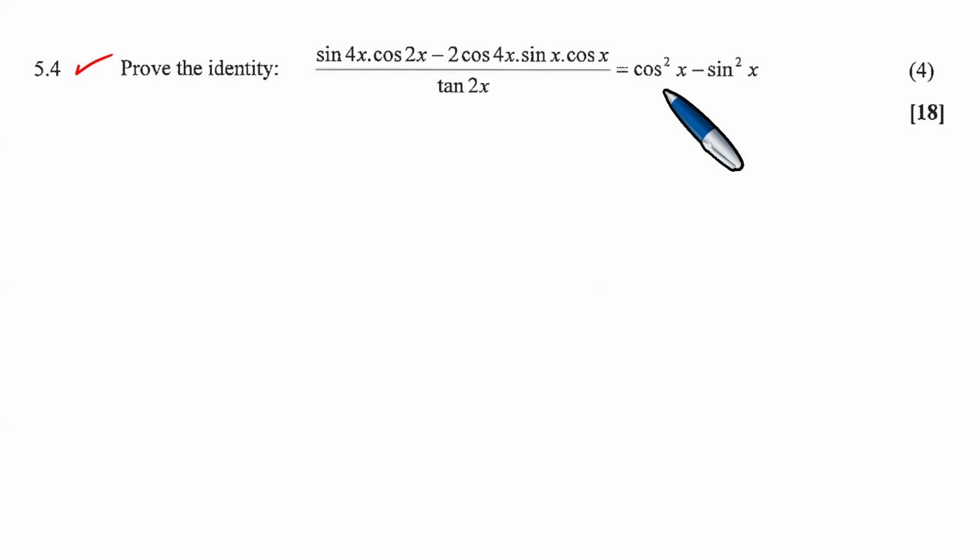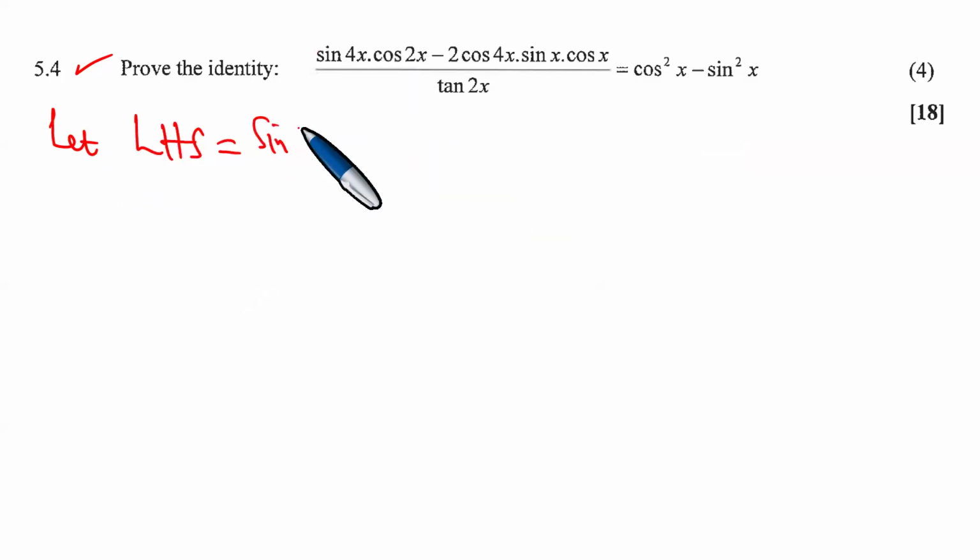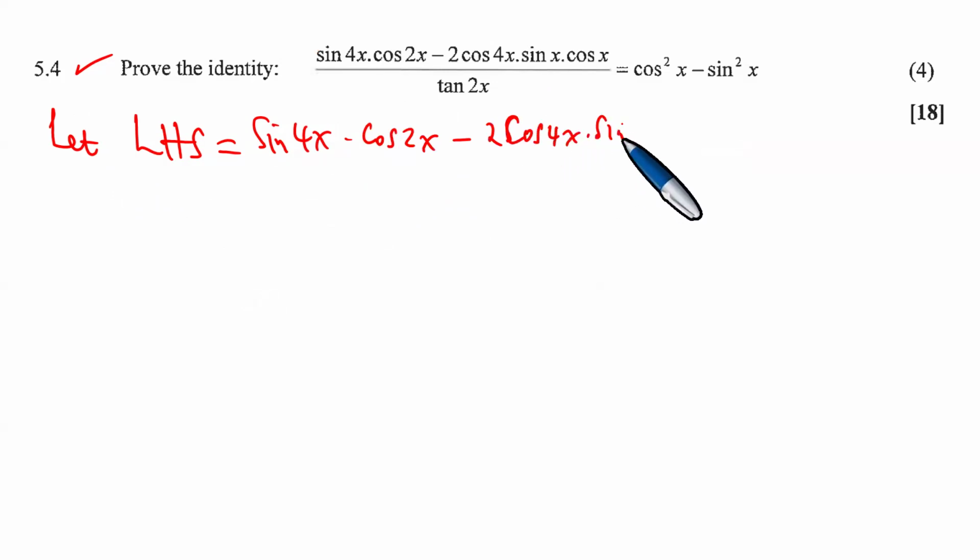Too easy. Sine 2 times 2x. Okay, so yeah, we need to take one side. So we take the left-hand side, I presume. So what do we write here? Okay, if you take the left-hand side, you copy the left-hand side as it is.